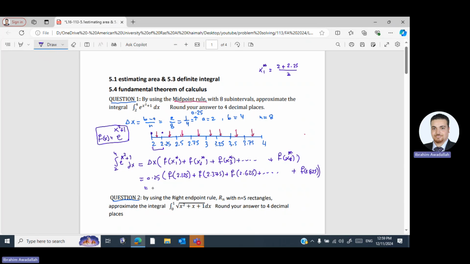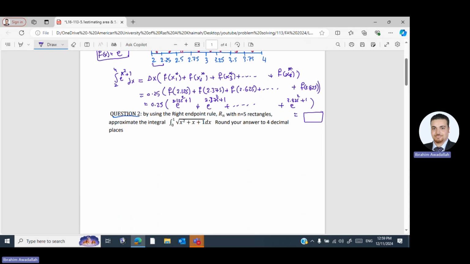Catch the calculator, put 0.25, and here you should put e to the power 2.125 squared plus 1, e to the power 2.375 squared plus 1, keep going till the last one, e to the power 3.875 squared plus 1. Then you can write the final answer here. I'm not going to find it, just to take less time, and I want to make this as short as possible.